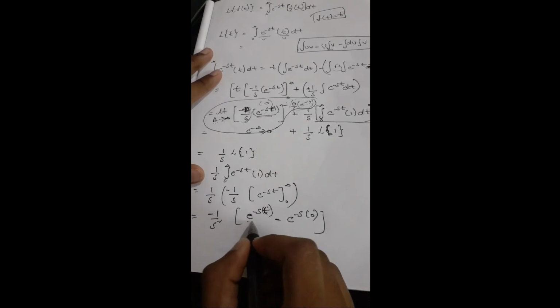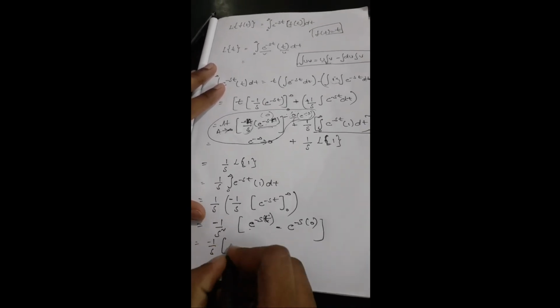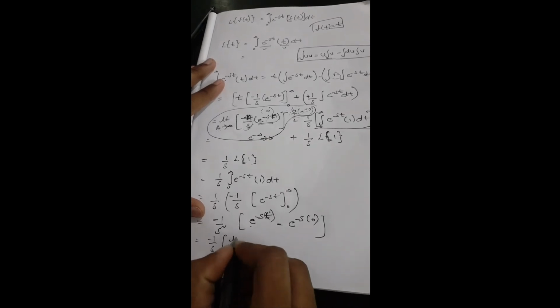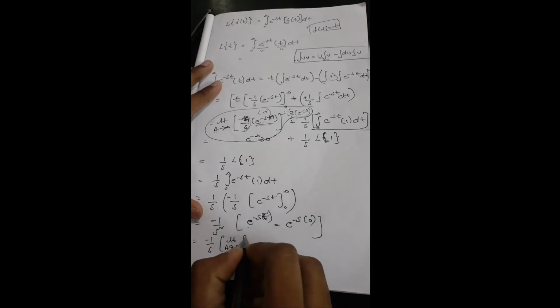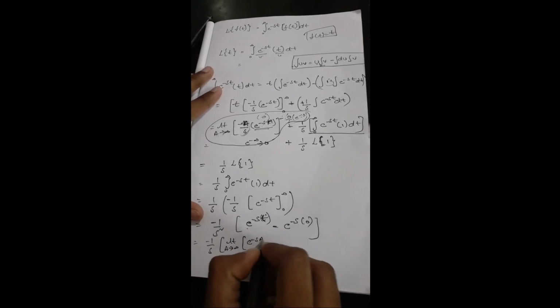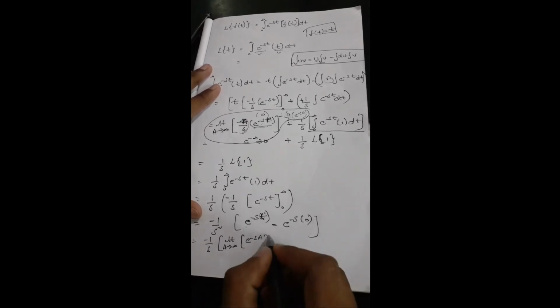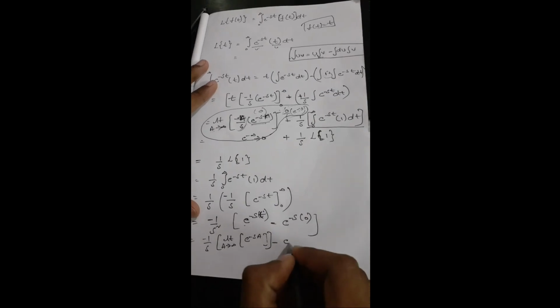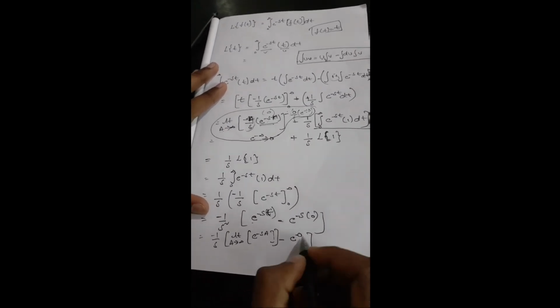This should not be written in this way. Let's write it again: the limit as a tends to infinity of e to the power minus sa. As we know, e to the power 0 is equal to 1.